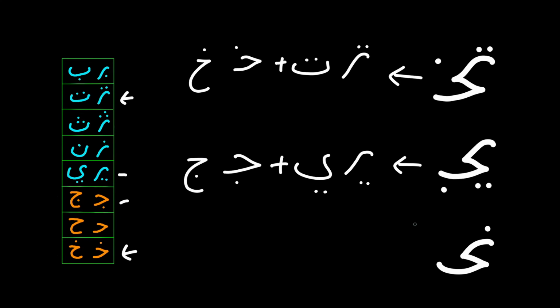So ya jim. And last but not least, my top letter is here, my right dot is there, so that looks like it should be noon. Okay, and we have last my bottom letter, this shape, and there are no dots, so that I know now it's going to be ha.